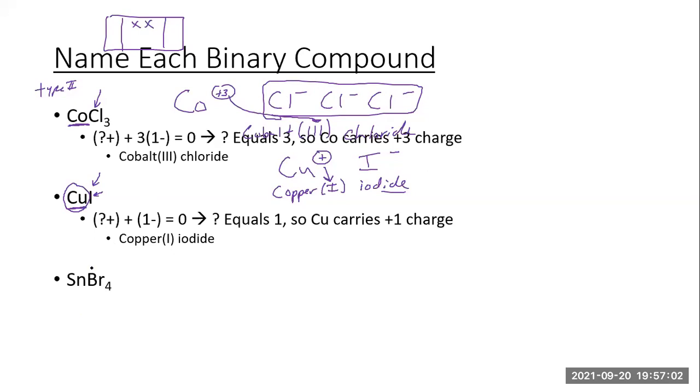Lastly, here we have Sn, Br4. Again, Sn, which is tin, which is actually just to the right of the transition metal region. Again, remember those guys just to the right are also basically type 2 metals. Here again, Br being our non-metal. So following our same approach, I have 1 tin, which I'm not sure what the charge is, but I do know that Br is group 7, which means it's -1, and there are 4 of them.